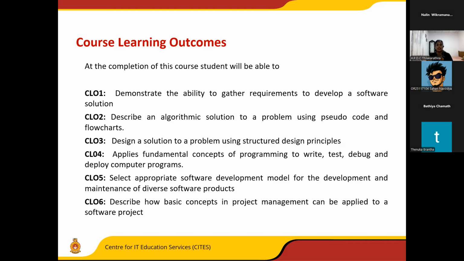As well, you will learn how to apply fundamental concepts of programming to write, test, debug, and deploy computer programs. I think I'm not too fast. Then you will learn to select an appropriate software development model, because I have mentioned earlier, that is why I'm just reading these things, right?